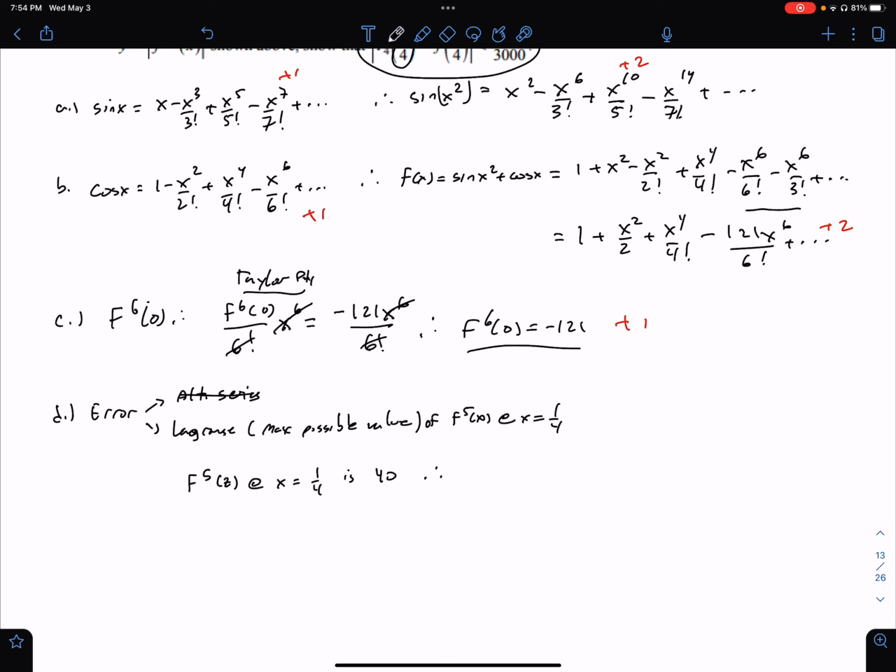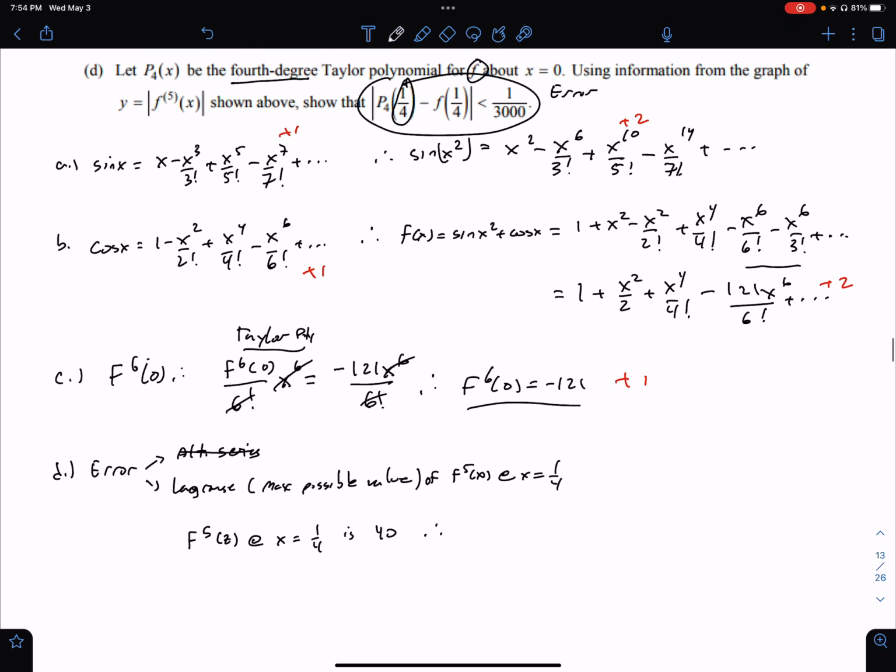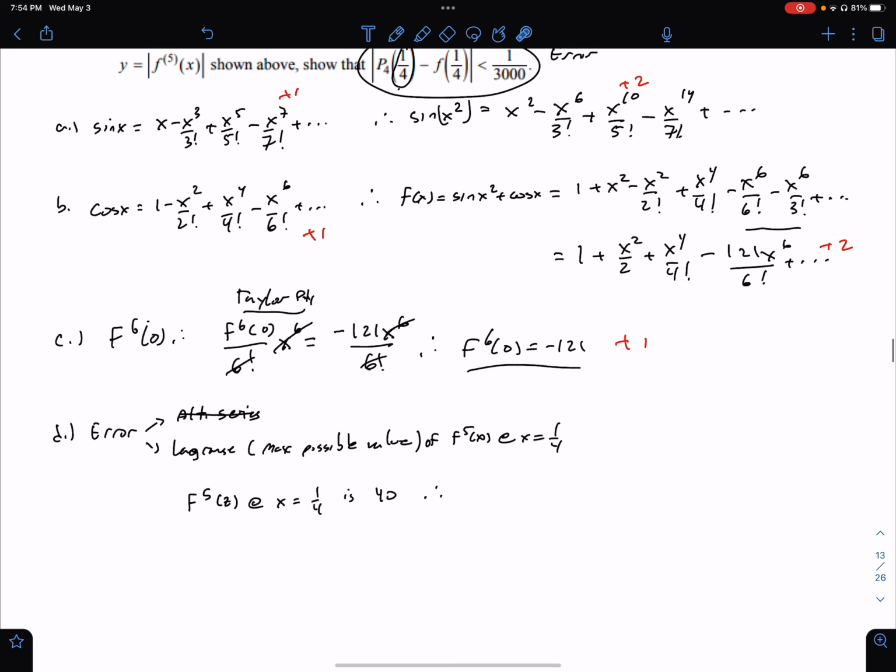Therefore, we can say that the error, and I'm going to use the same notation again, the error of P sub 4 of 1/4, our polynomial approximation minus the actual value, is less than or equal to the next term. Remember, we want the next term. Now be careful, we are using a fifth derivative, so we're actually going to use the x to the fifth one.